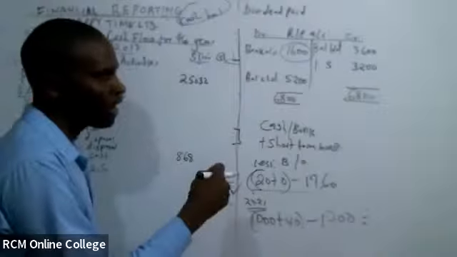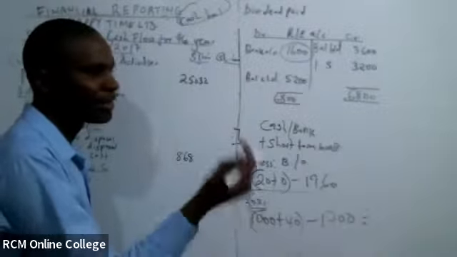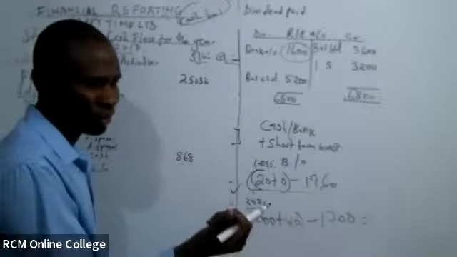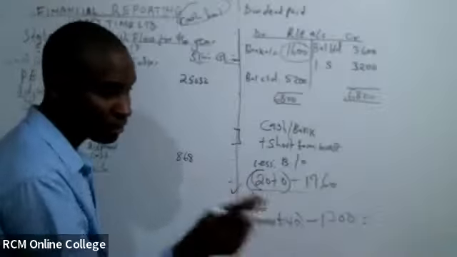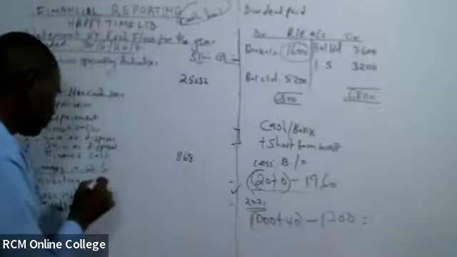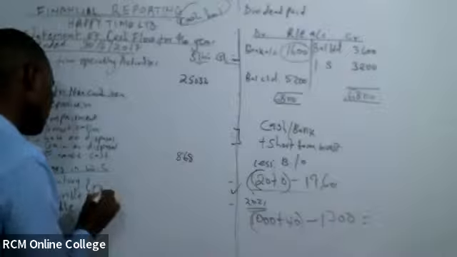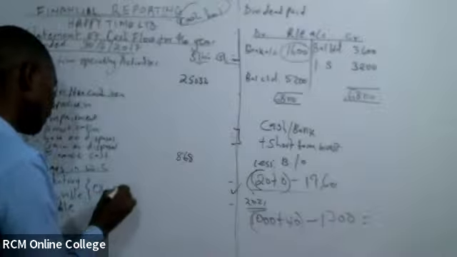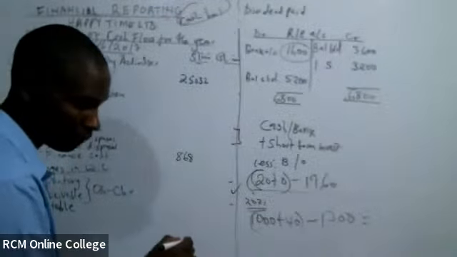You will not have the task of remembering whether inventory was increased or sold. You just use that formula and you're done. So for the asset, we usually use the opening balance minus closing balance.